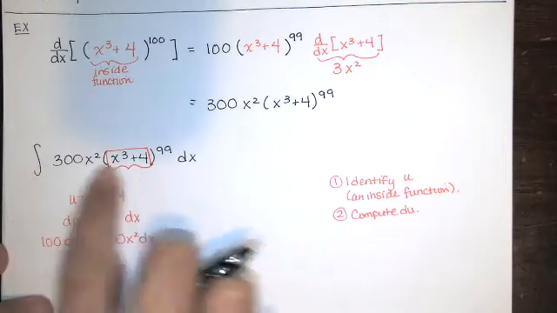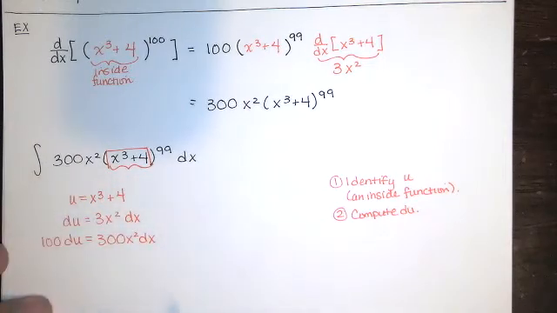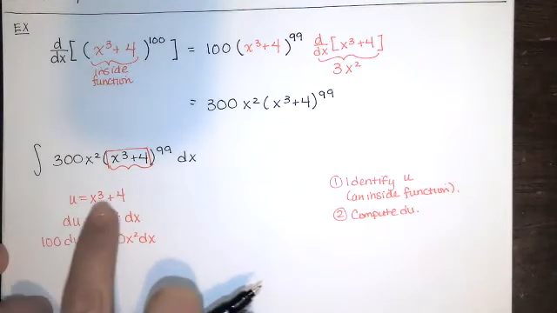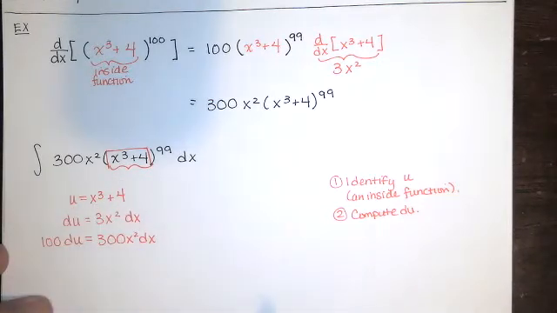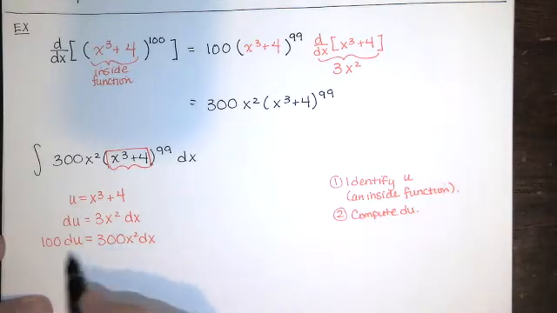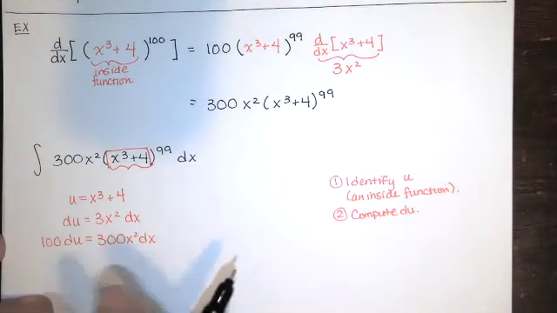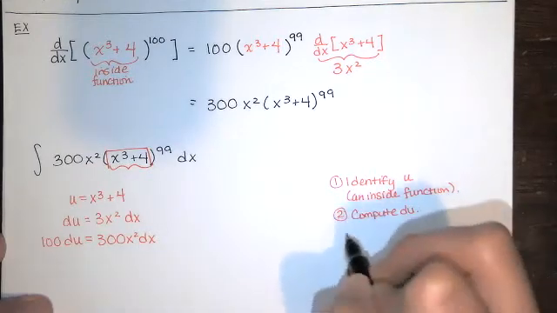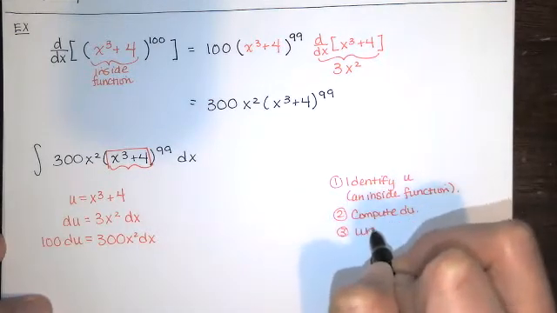And now everything up here can be written entirely in terms of u, because this x cubed plus 4 could be called u, and 300x squared dx, that's 100 du. All of them can be replaced. So we compute du, we multiplied by a constant to make the substitution just a tad easier. And now we want to write the integral entirely in terms of u.